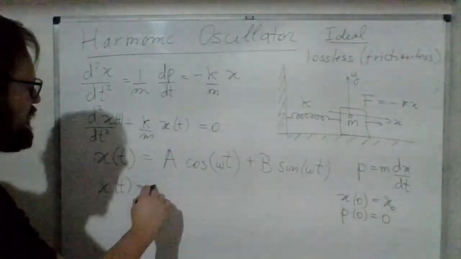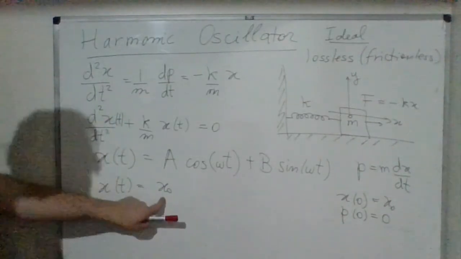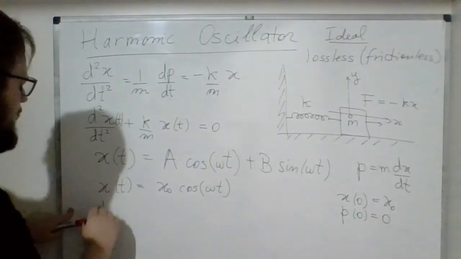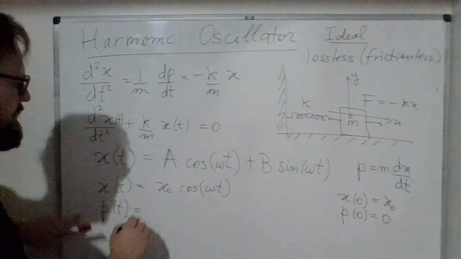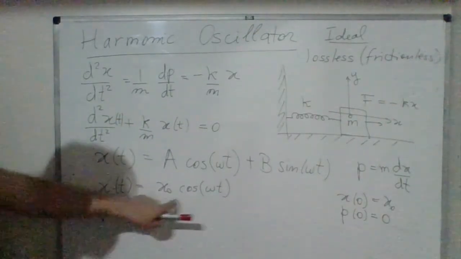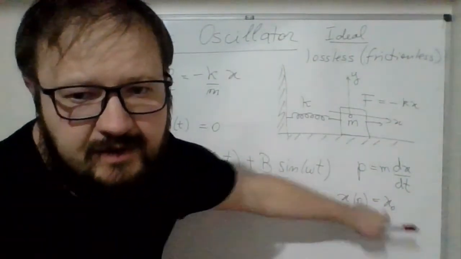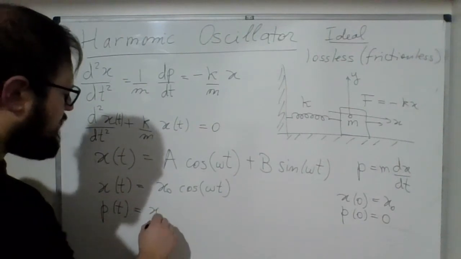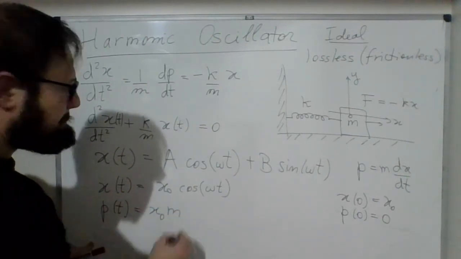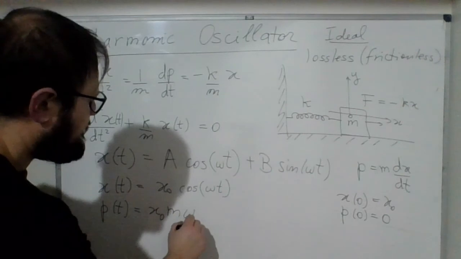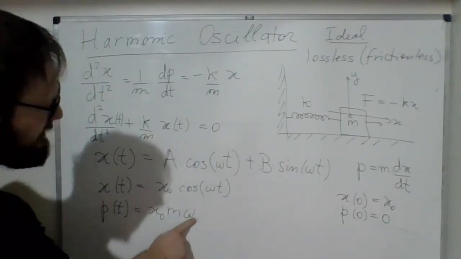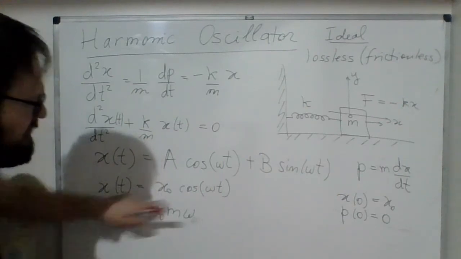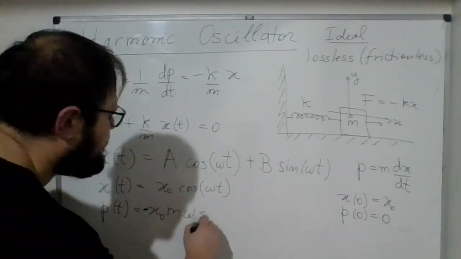as a function of time will correspond to some x naught cosine of omega t, and the momentum is just the derivative of this function, all right, because of the equation. That will correspond to minus x naught m omega sine of omega t, because the derivative of a cosine is minus the sine function.